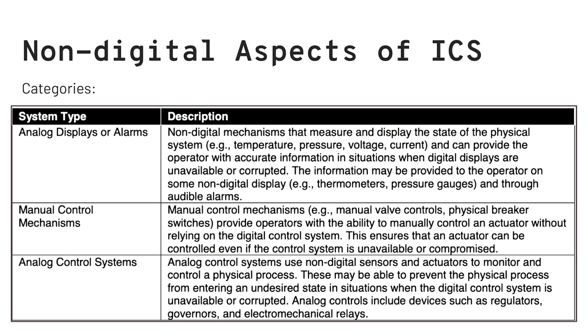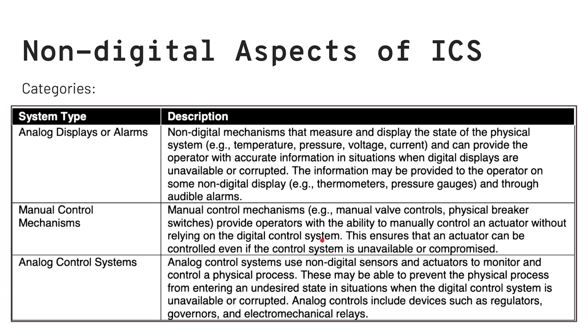Examples of non-digital aspects of ICS are analog displays or alarms, where we measure a physical system with an analog display. There's manual control mechanisms, which provide operators the ability to manually control something like an actuator without relying on the digital control systems.